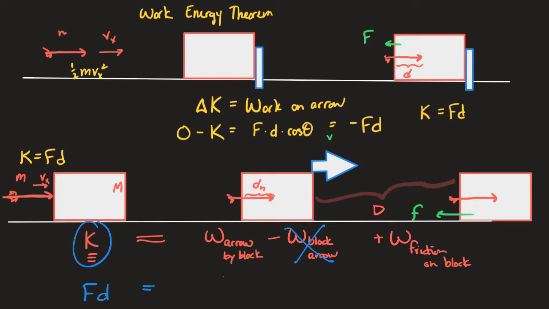The work done by the block is the same force still, but now it's how far the block went in on these new circumstances, plus the work done by friction bringing the block to a stop.